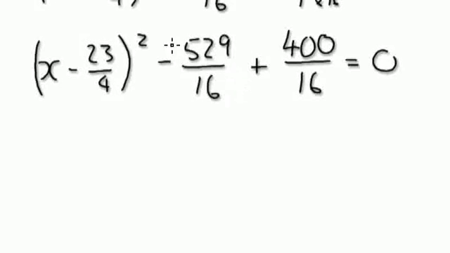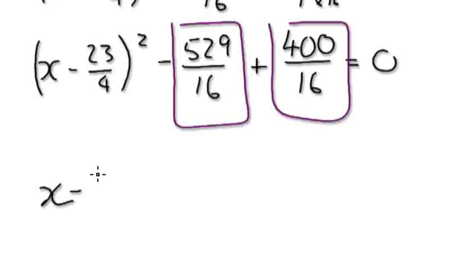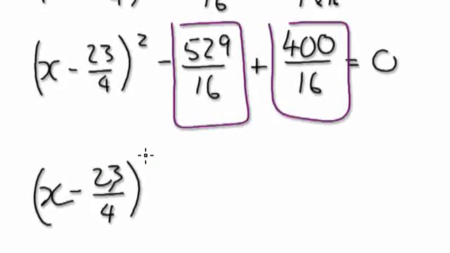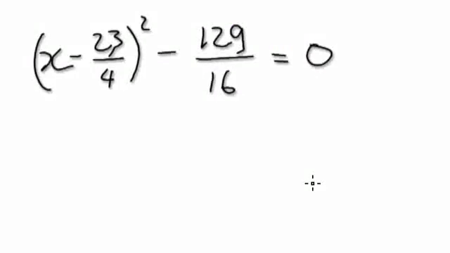So here, we're going to merge these two together, this and this here. So this would become x minus 23 over 4 squared, and then minus 129 over 16 equals 0. Then add that to both sides.